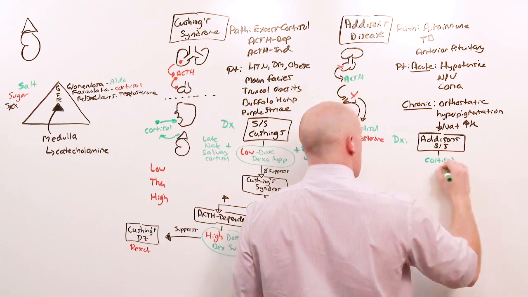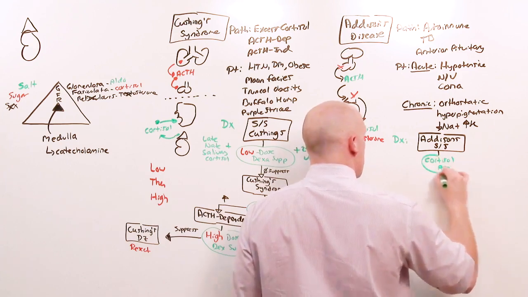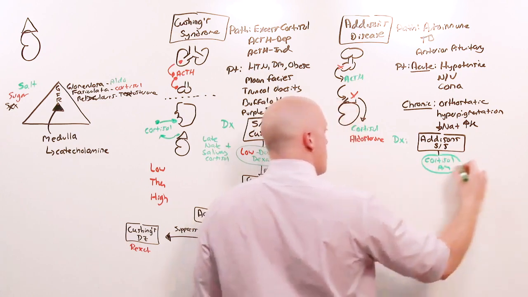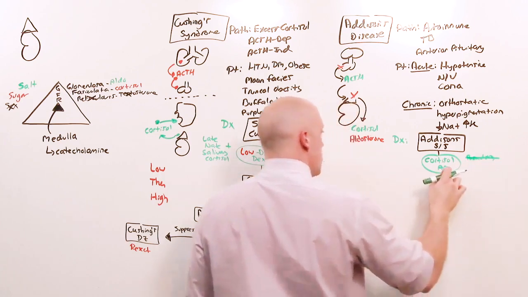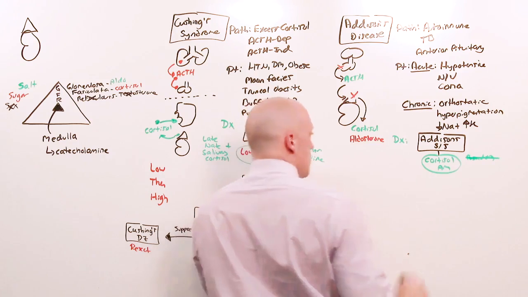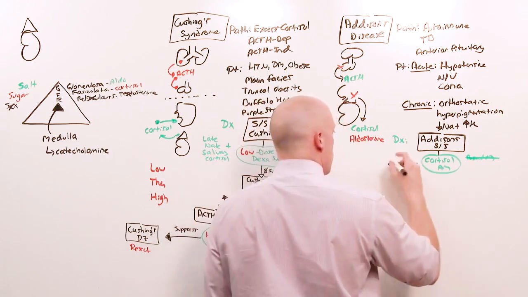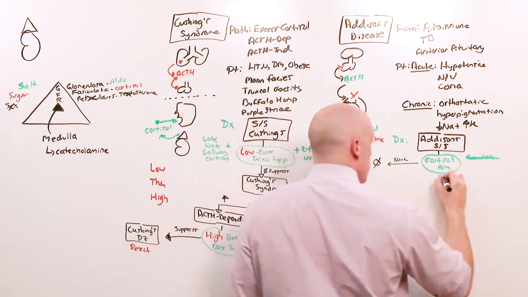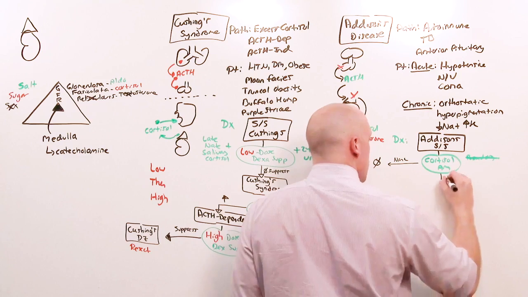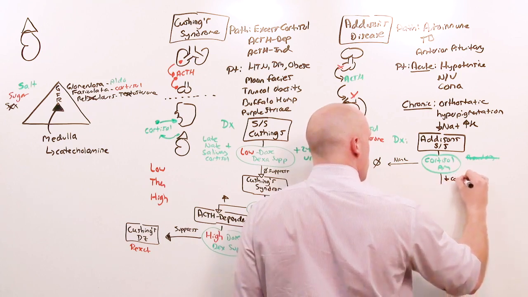Getting a random is the wrong thing to do. People do it all the time on the wards. Not a random. You want an early AM cortisol. Because if the cortisol in the early morning is normal, you've ruled out the disease. But of course, for our discussion, we're going to have a low cortisol.